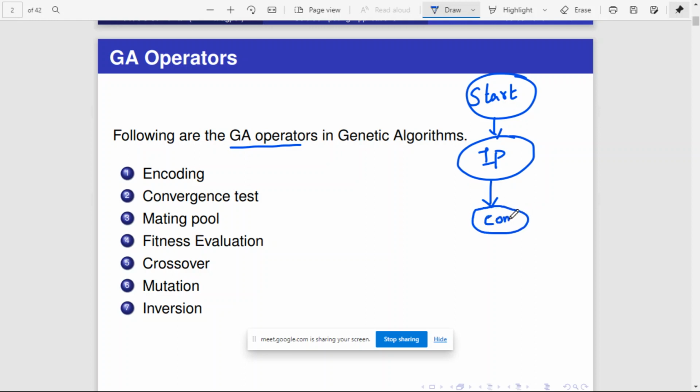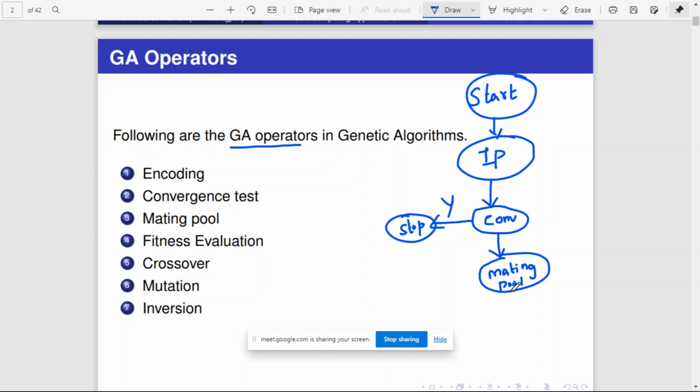I am calling it CONV. If convergence is met, yes, then stop the process. If convergence is not met, then you have to identify some mating pair. This mating pair can be either only 2 or it can be NP or whatever it may be. That varies with algorithm.